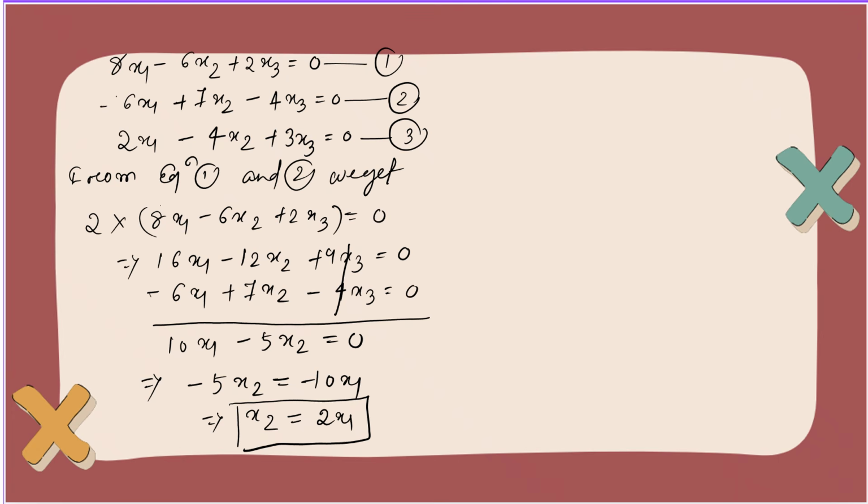For the next, you have to put this x2 value in any one equation, so you get the x3 value also. So from the last equation, equation 3, we put x2 is equal to 2x1.